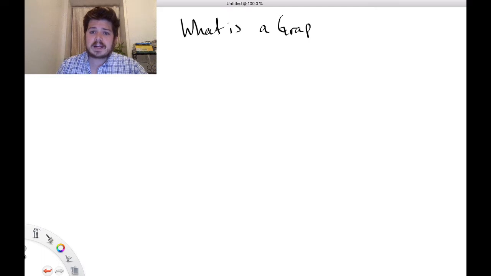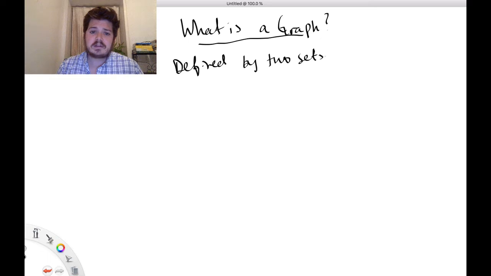A graph is defined by two sets. We usually denote the graph by G, and the two sets it's defined by will be a pair, V and E. V will be our vertex set, and E we call the edge set.